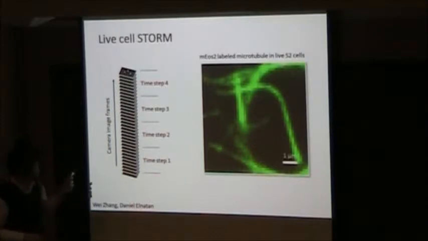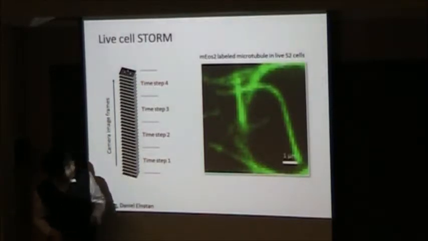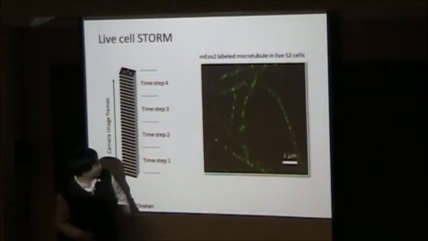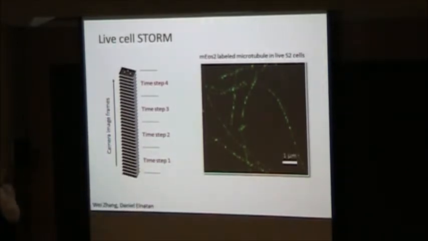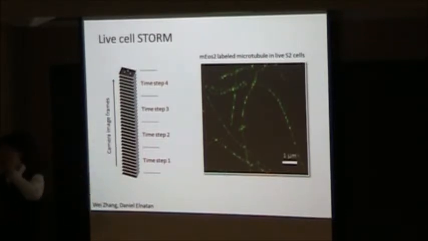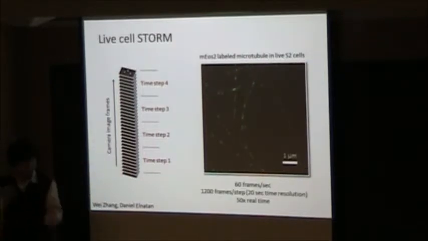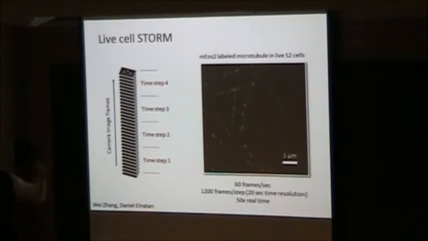So we ran a demo experiment. If you sum it all together, you do get a STORM image of the microtubules. And if you cut into 1,200 frame steps, you see the microtubules moving. So this is a STORM movie.